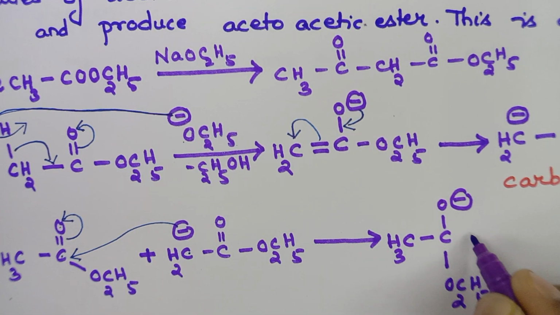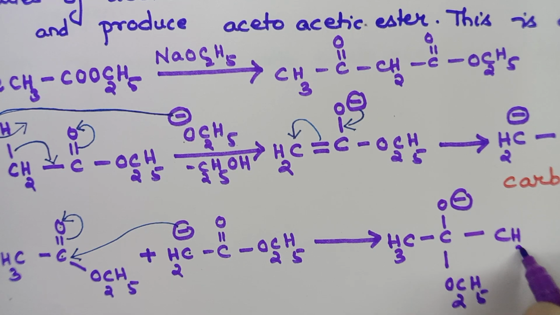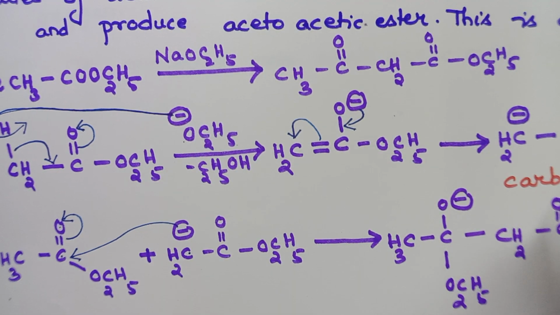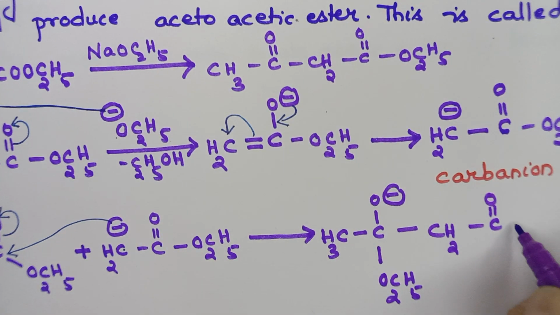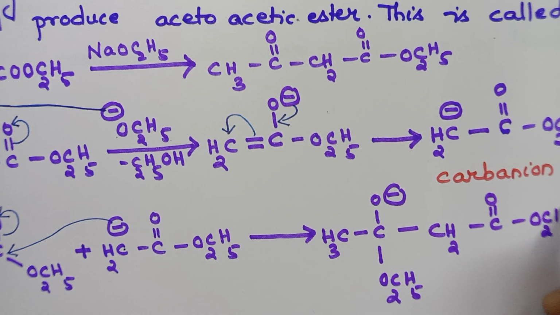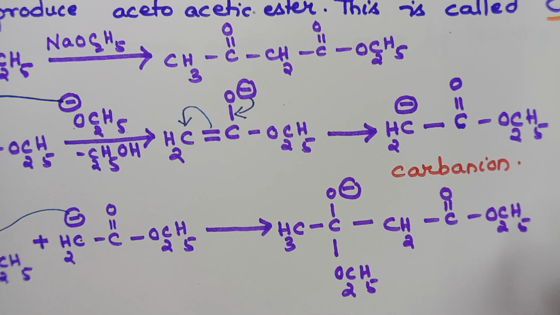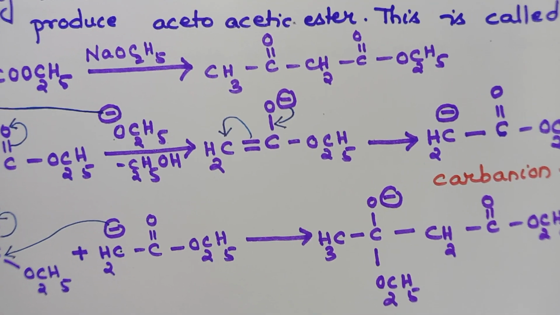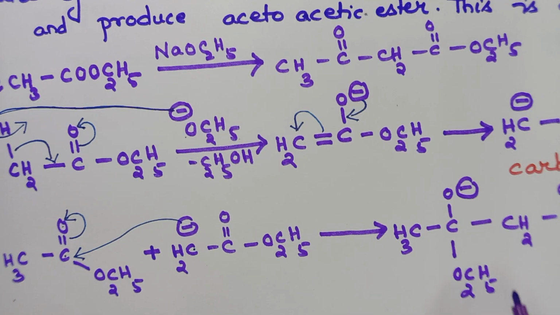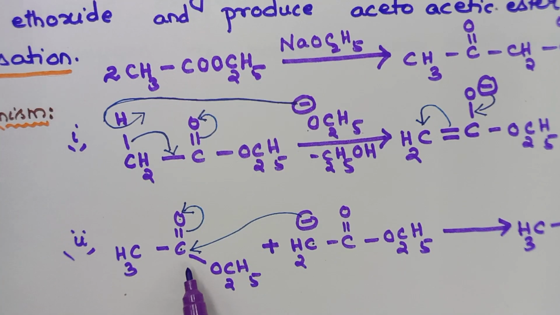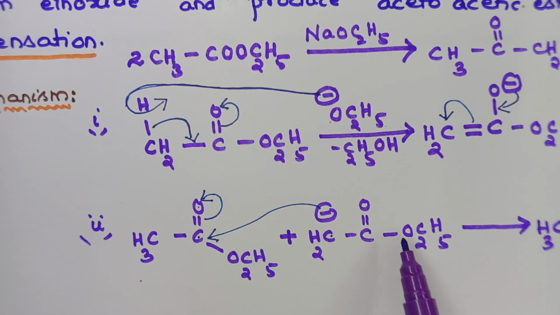Now here comes CH2. Try to complete C double bond O C2H5. Okay, OC2H5. Fine, students. Hope you understood how this is formed from second molecule of acetic ester and the carbanion.